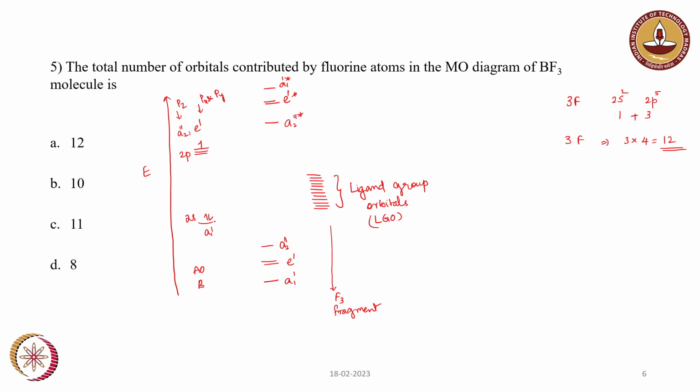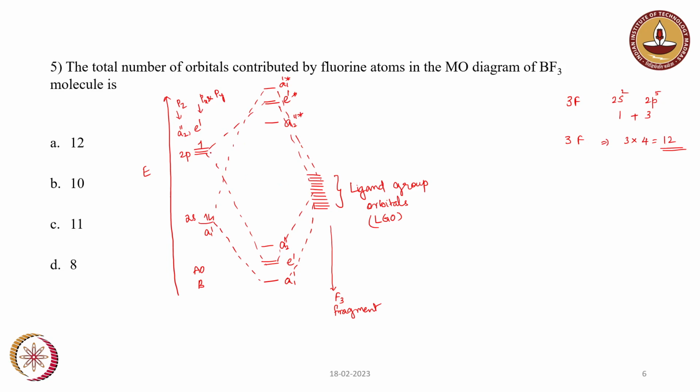A1 prime is formed from 2s and the ligand group orbitals, and it forms an antibonding. The next one is E prime. It's formed from 2p and LGO, and it forms an antibonding.